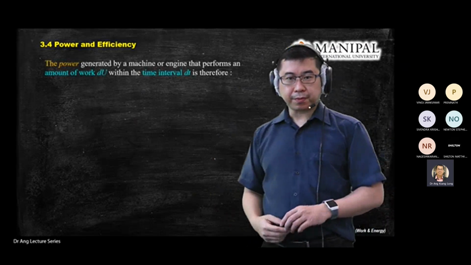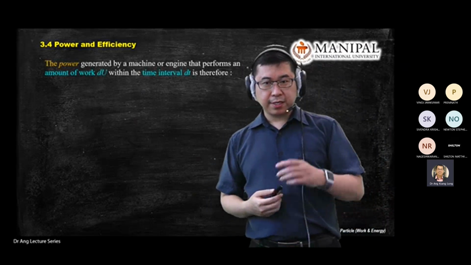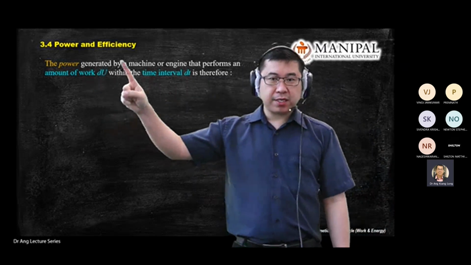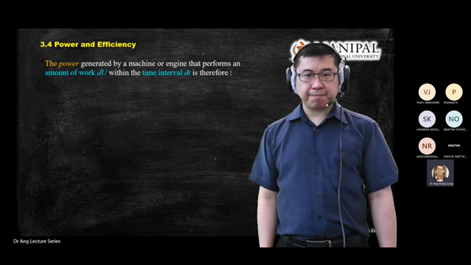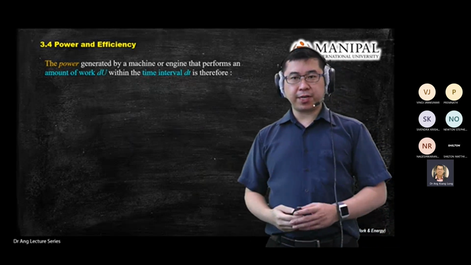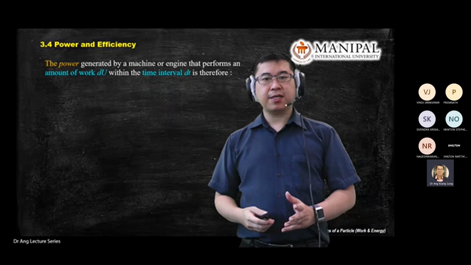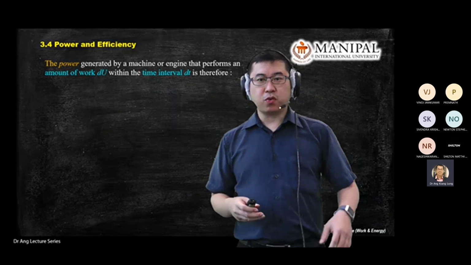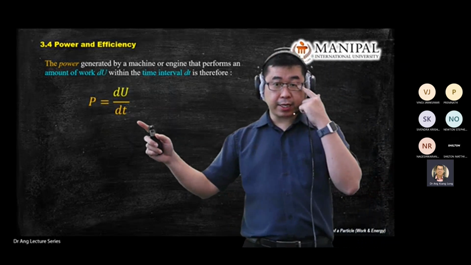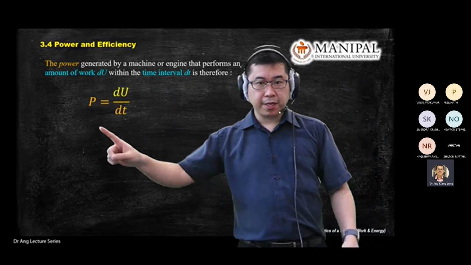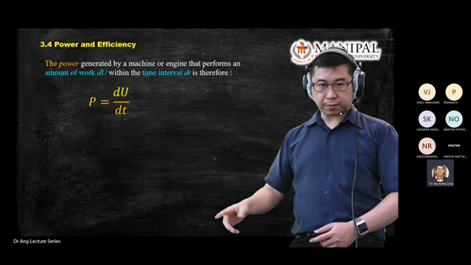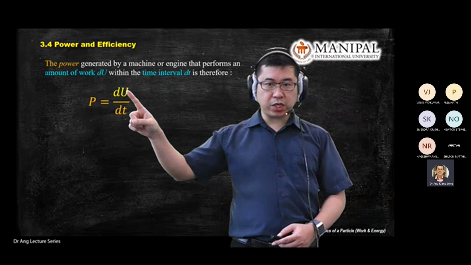All right. So in power, when you take the amount of work divided by time, you get power. What is the power definition? Power is the amount of work within a time frame, or in the mathematical model, power equals dU over dt.